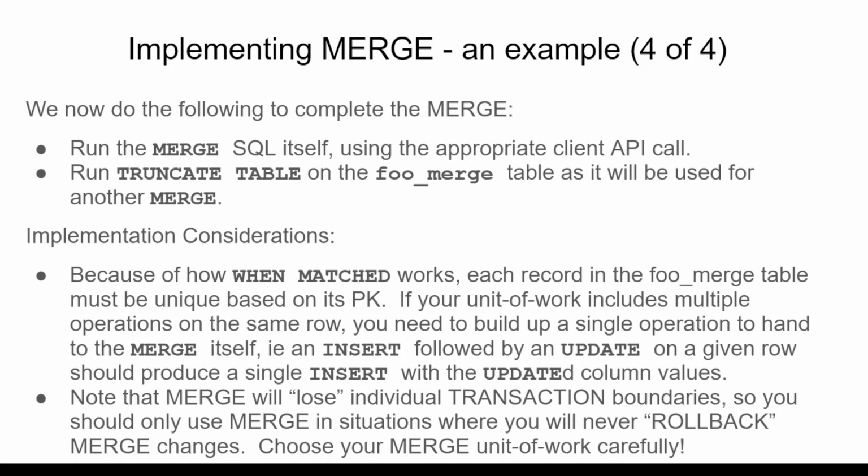For example, an insert on a new row followed by updates to that same row will have to build a real insert that includes the updated values, and the final insert is the one that will be used to load the merge table. Note that merge will lose individual transaction boundaries, so you should only use merge in situations where you never roll back.